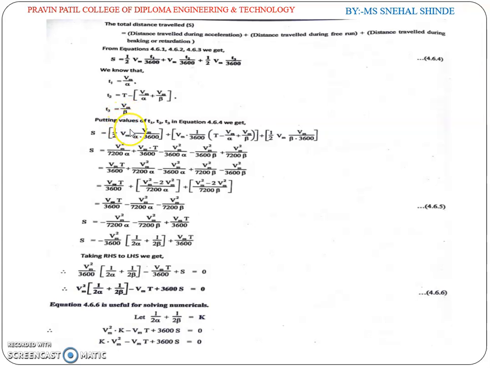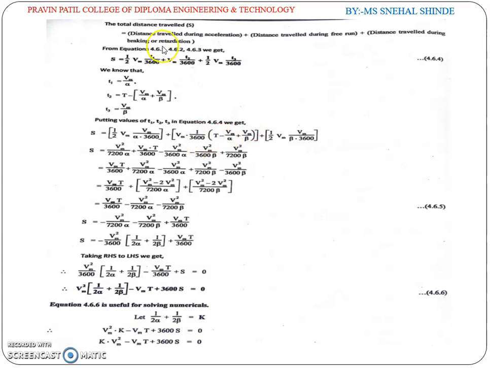Putting the values of T1, T2 in this equation, we get this formula, that is S equal to half into Vm divided by alpha into 3600 plus Vm into 1 by 3600.